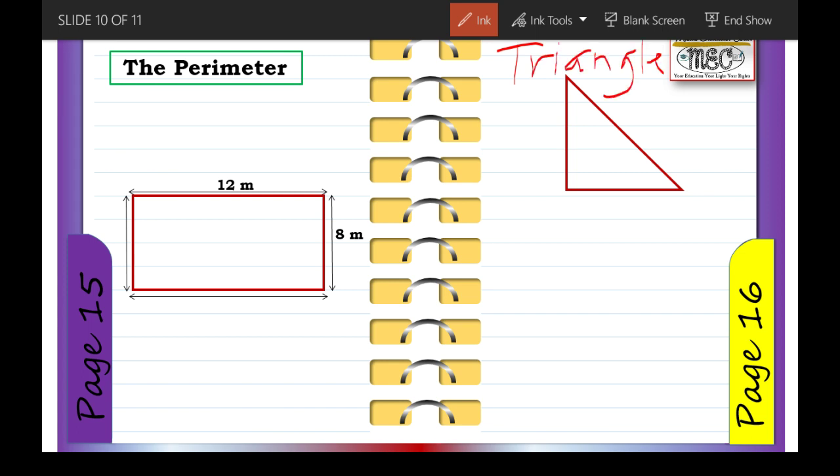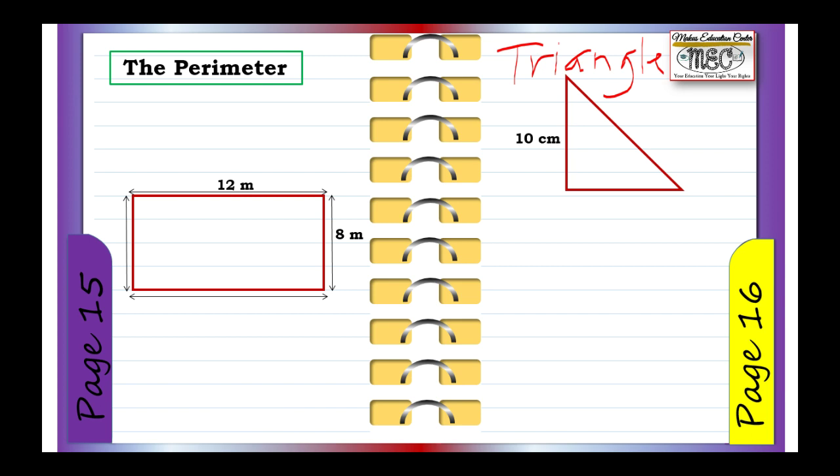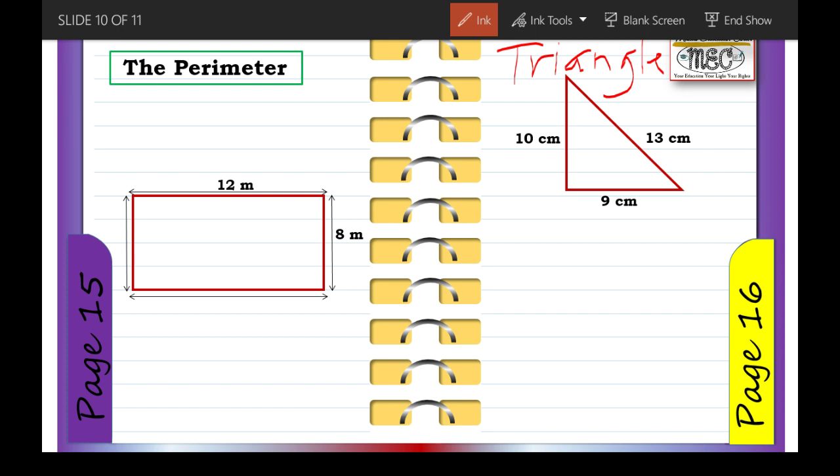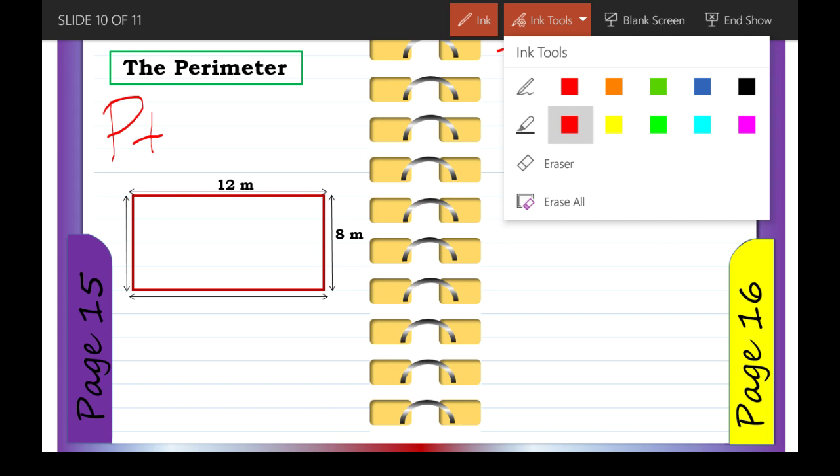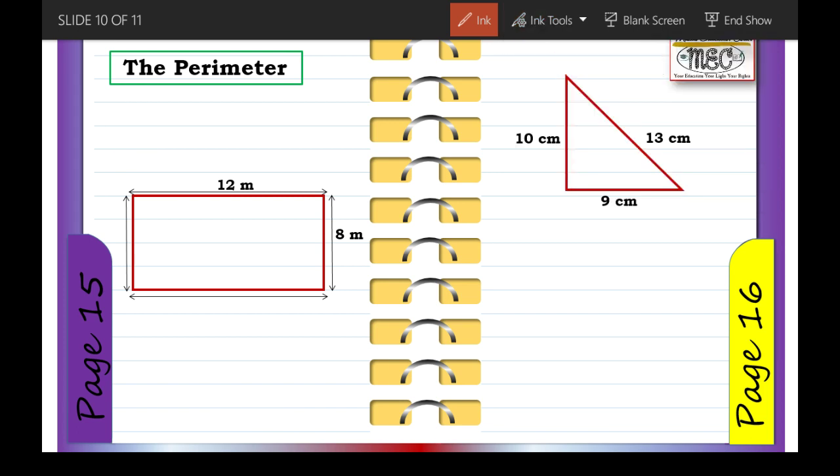So let's assume that our triangle has these sides. We have 10 centimeters for the height, 13 centimeters, and 9 centimeters. As we said before, to find the perimeter of any shape, add all the sides depending on the number of sides that you have.